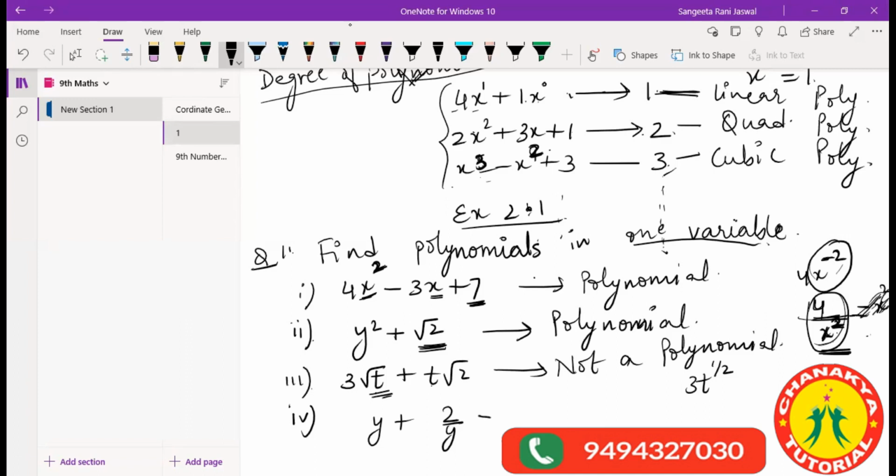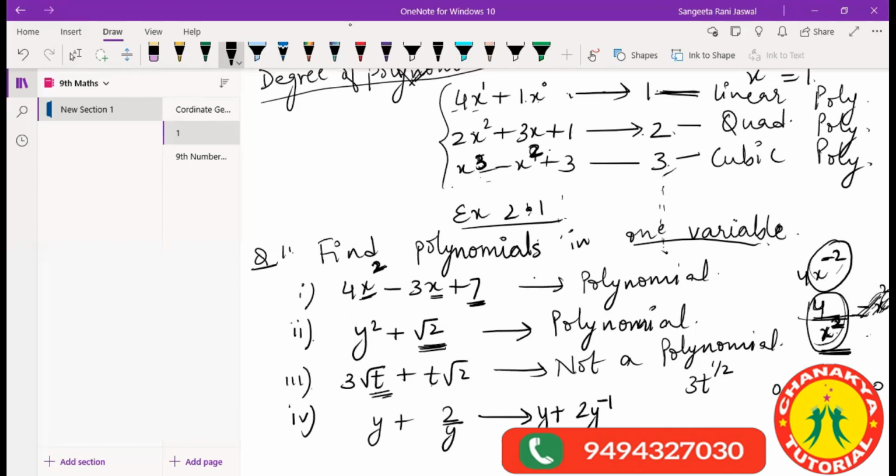Why is it not a polynomial? Because its power is not a whole number. Ma'am, y should not be in the denominator? Yes, because this is negative. Powers can be all whole numbers, from 0 to 1, 2, 3 and so on, up to positive infinity.